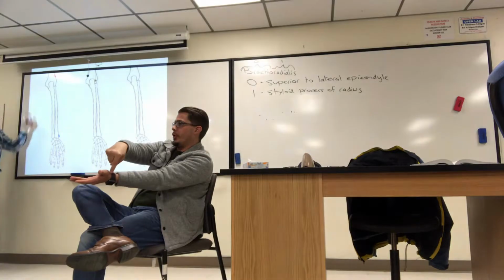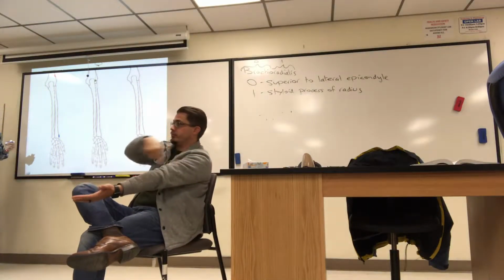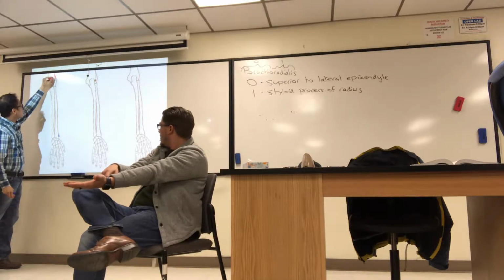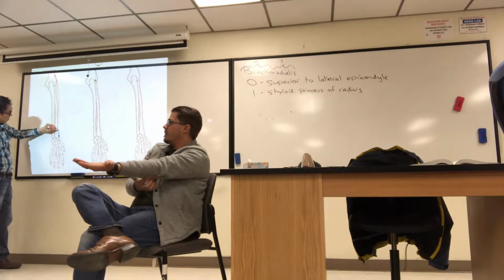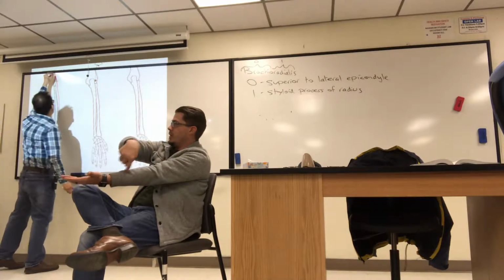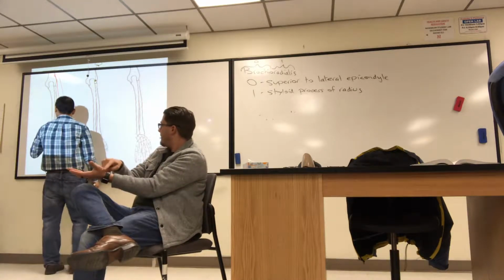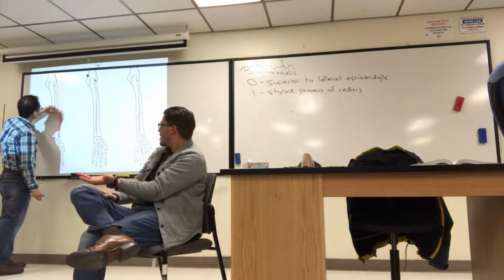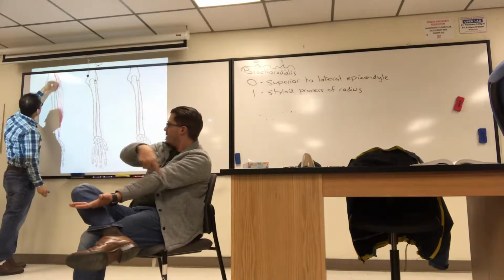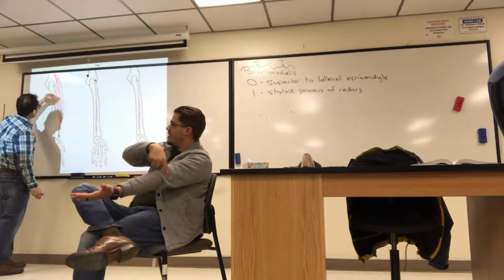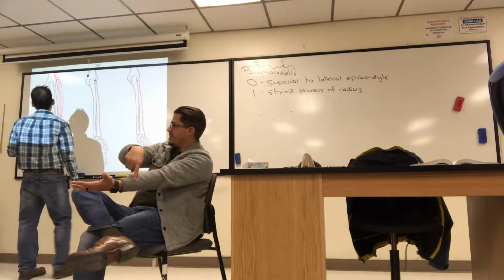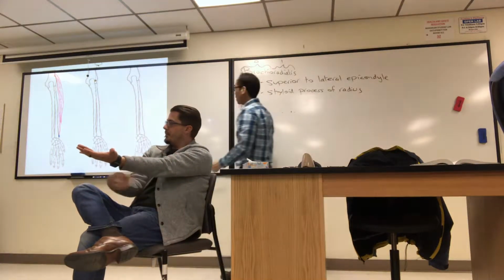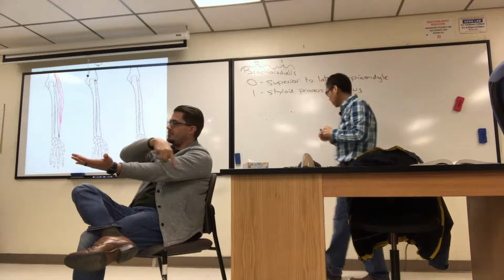So it's pretty simple, from point A to point B. It's a long muscle. It's going to go all the way from there to there. So this first one here is the brachioradialis.